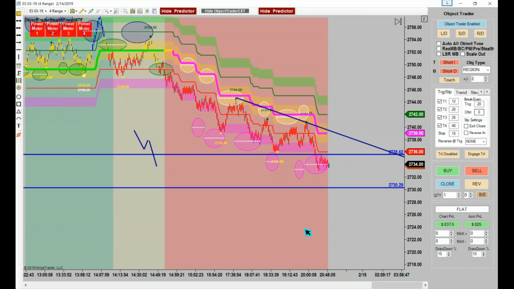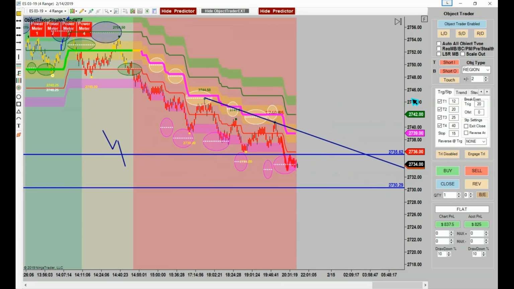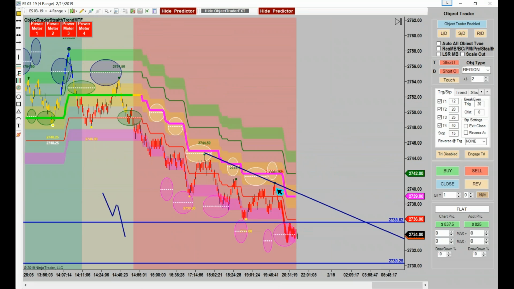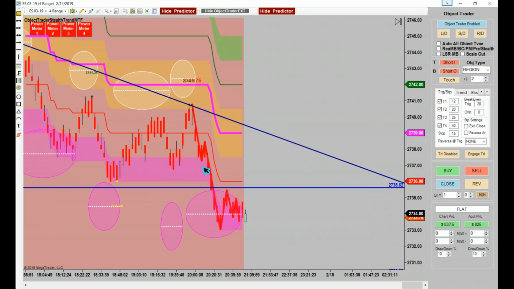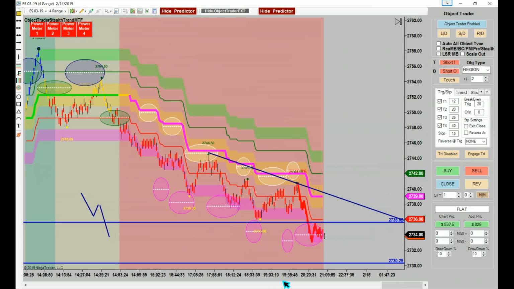But if you ever get one of those shotguns, like this, where would this draw the PM? Anybody? Let's draw it and see. Now, it's kind of hard to see, but I think you can see it, right? See where if you drew it right here, you had a little thrust, retrace like that. Okay.